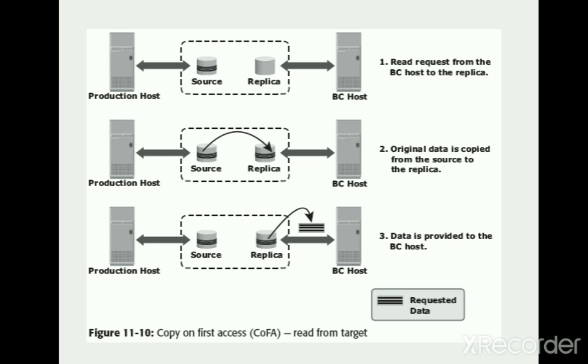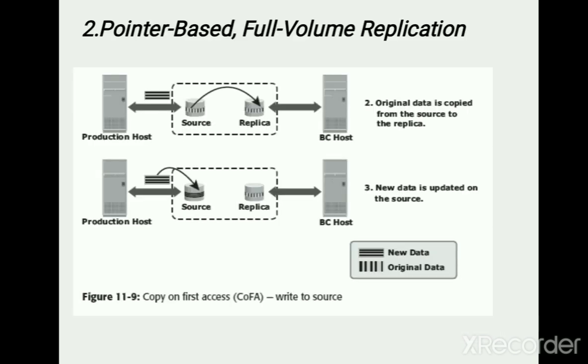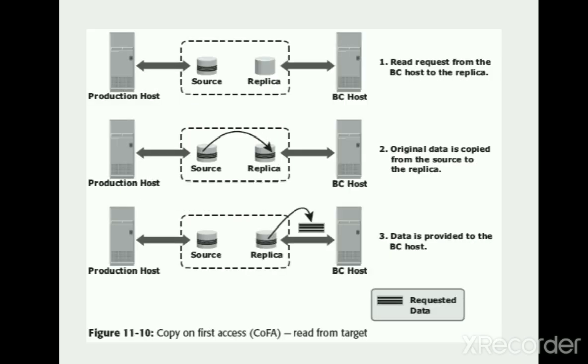The next one is copy on first access, read from the target. In the previous diagram, the data is read or written only to the source. No changes are done at the target side, it is just copying. Here, in case I want to read the data from the target side, how is it done?